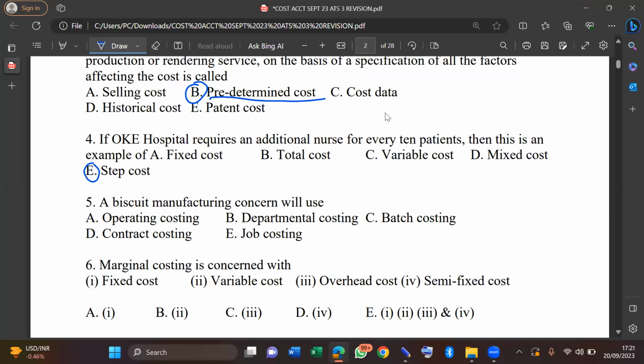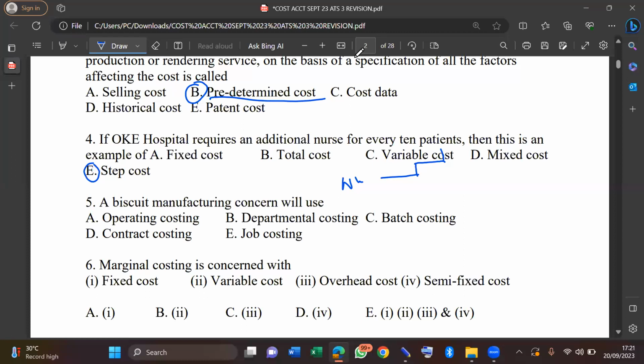Hospital requires additional nurse for every 10 patients. They already have the required number of nurses. If they take additional, it moves up like this. It remains at that level. But they now take additional again because they have an additional 10 patients.